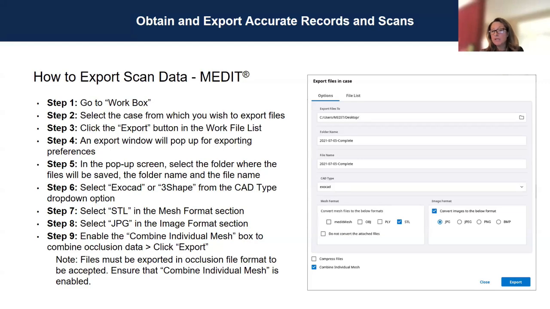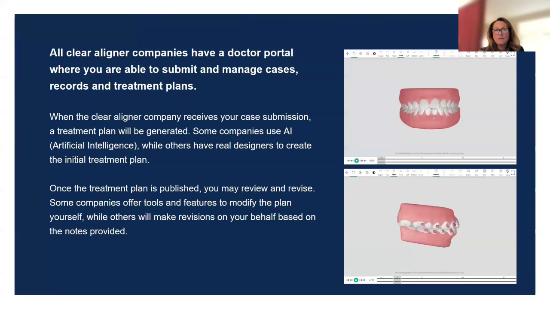And then for your mesh format, you're going to want STL, image format convert to JPEG, and combined individual mesh. Boom, export. But you want to make sure that the occlusions file format is in there too. So any questions on that part of exporting? I know that it's very intimidating to begin with, but you'll get it done.